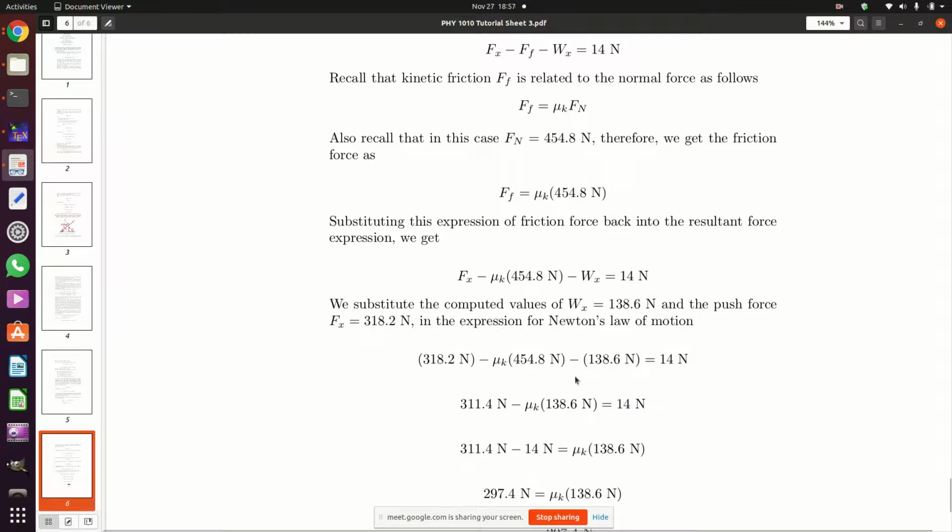Then next we do 318.2 minus 138.6. How much is this? I have 179.6.